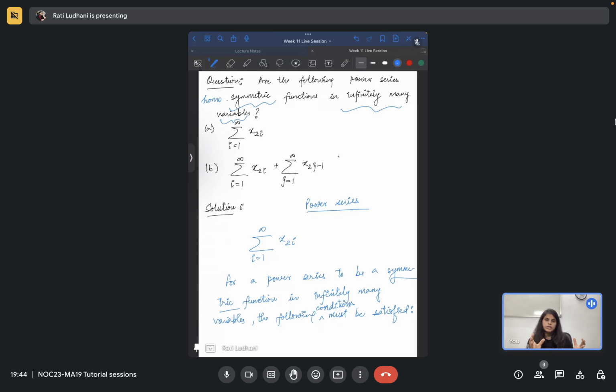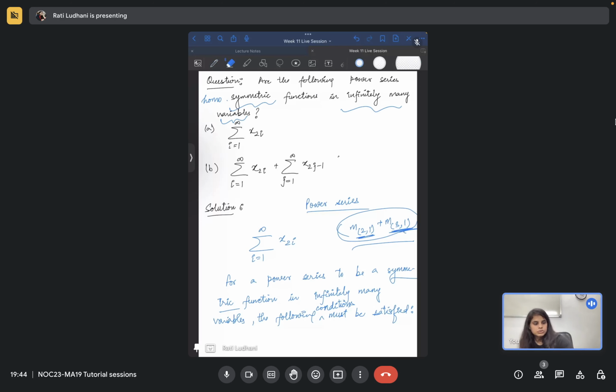It could be a sum of, for example, m2,1 plus m3,1. This is also possible as a symmetric function, but this is not homogeneous because the powers will be 3 here and 4 here. So for homogeneity we need all the terms to have the same power.